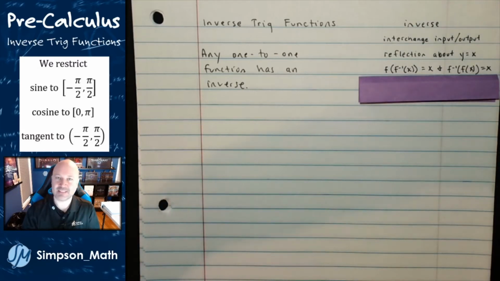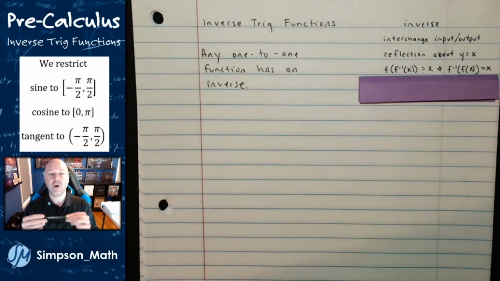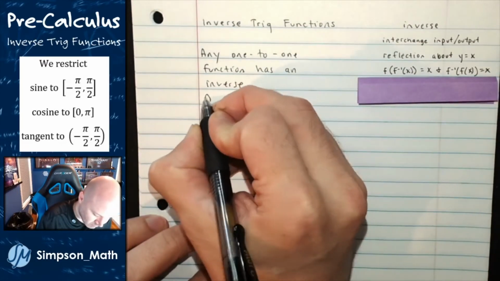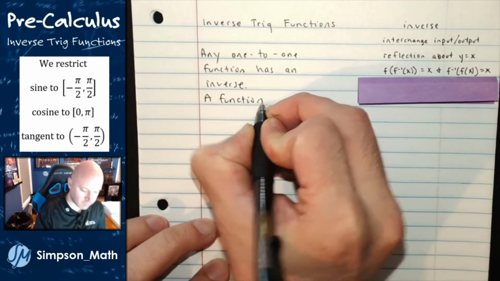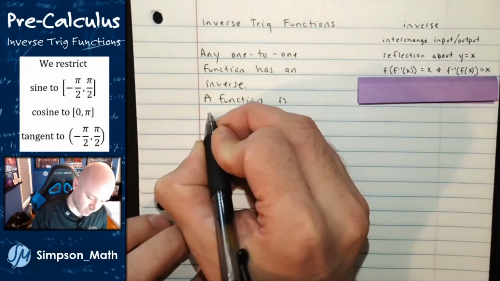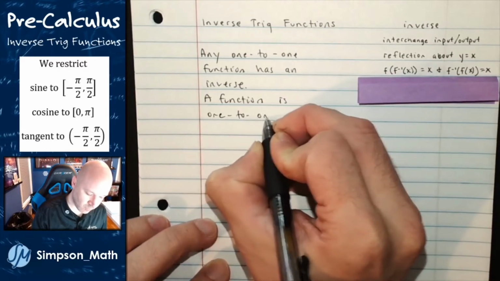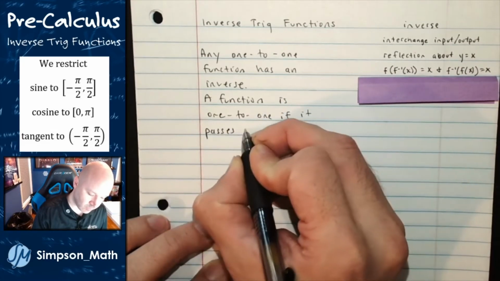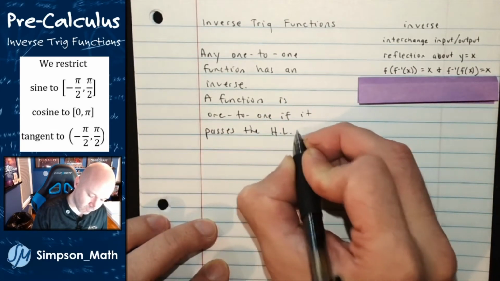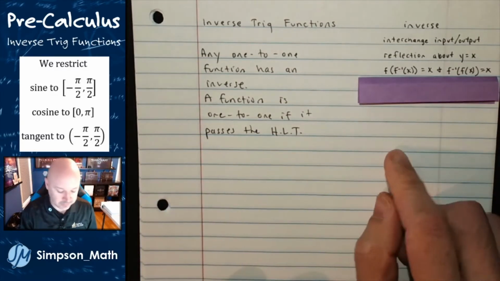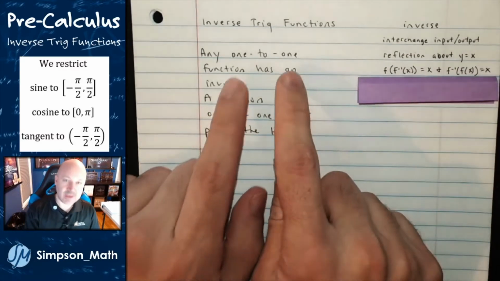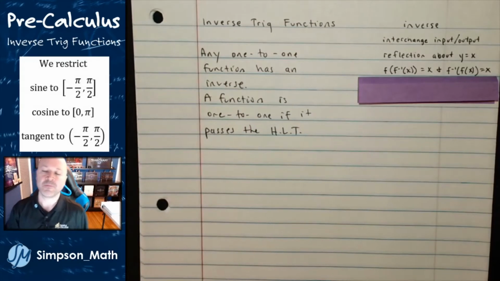Any one-to-one function has an inverse. Now there's a quick little test to determine if a function is one-to-one, and that is the horizontal line test. So another way you could have defined an inverse function is if the function is one-to-one, then it's going to have an inverse.